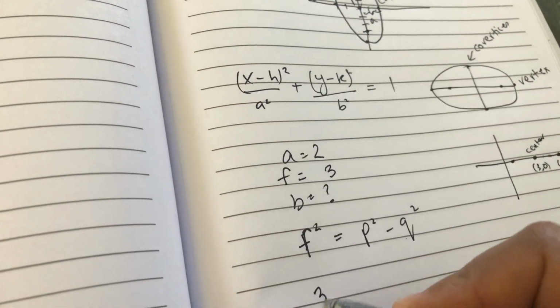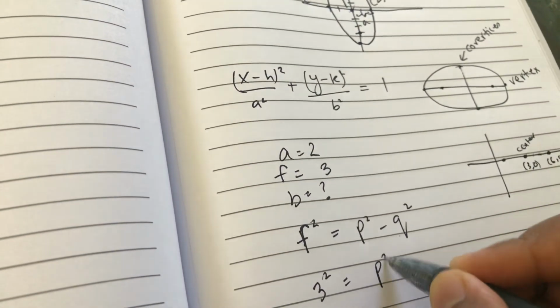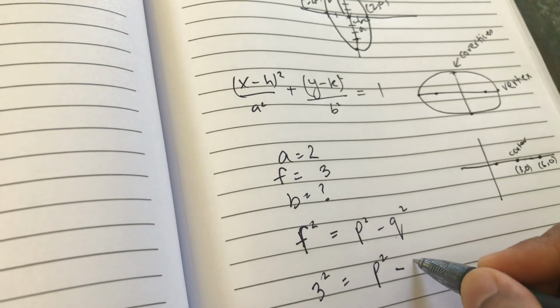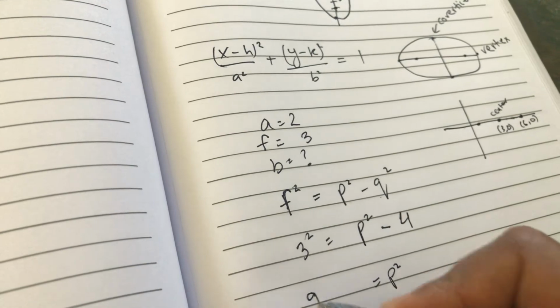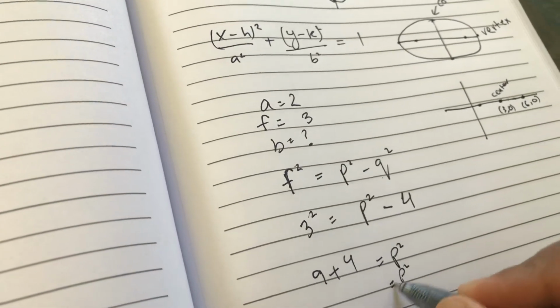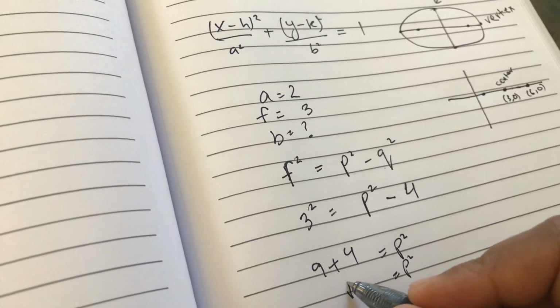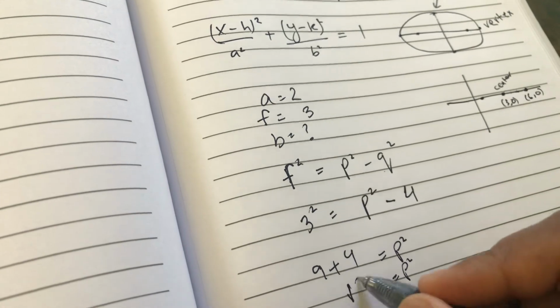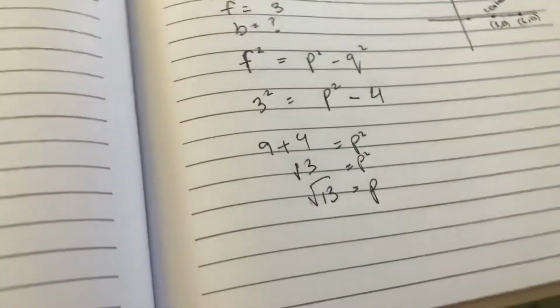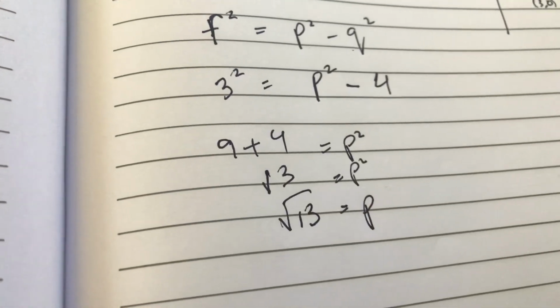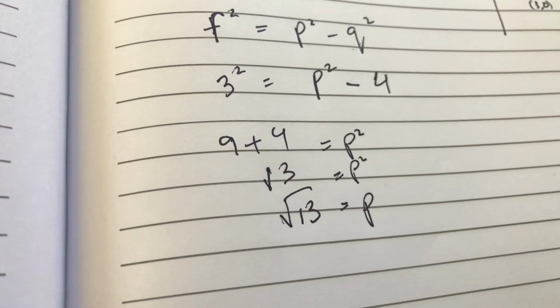So f square, which is 3 square, is equal to p square, which we do not know, minus q square, which is 4. So p square would be 9 plus 4. p square is equal to 9 plus 4, 13. And p would be equal to square root of 13. Then what?